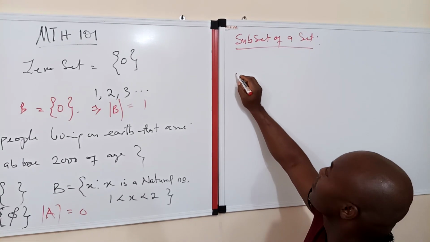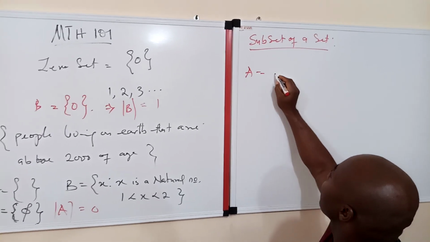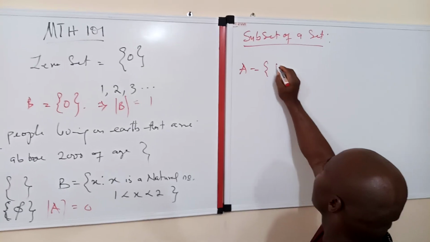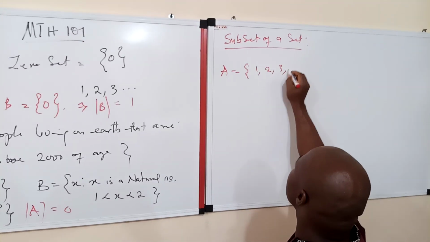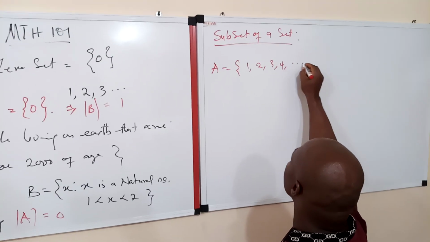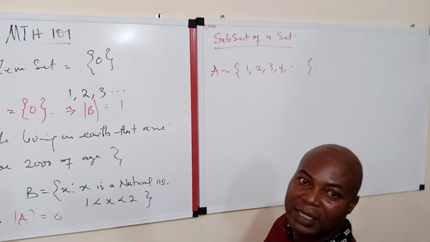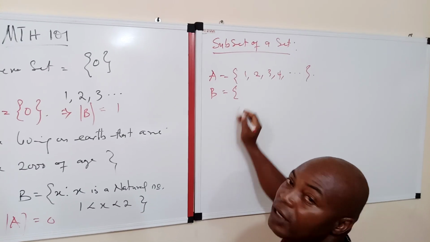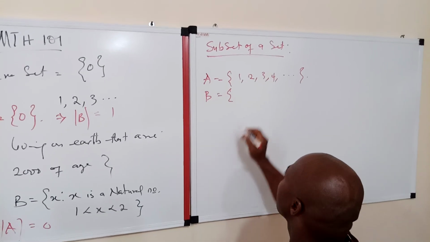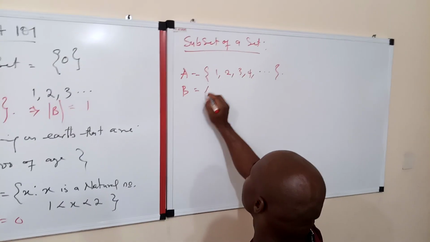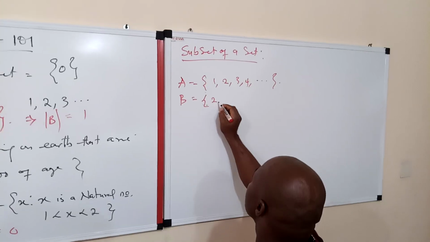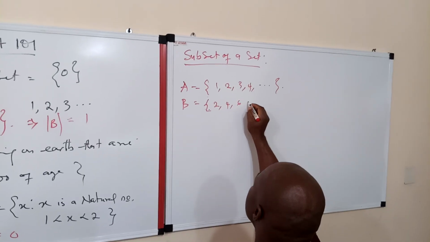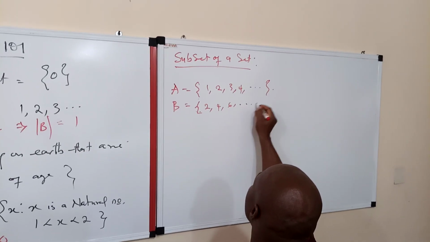Natural numbers. Let A be the set of natural numbers, so we have 1, 2, 3, 4, on we go. And let B be the set of all even positive numbers: 2, 4, 6, on we go.